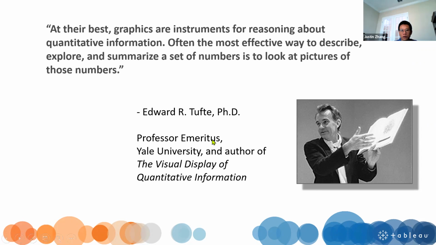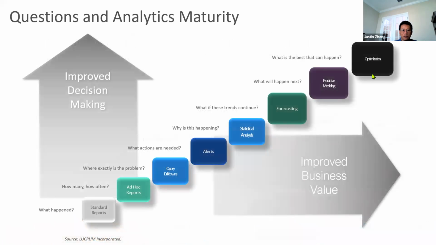This is from Edward Tufte. It tells us the importance of graphics and how they can be used to facilitate effective data visualization design. We mentioned something similar before in the business intelligence model.